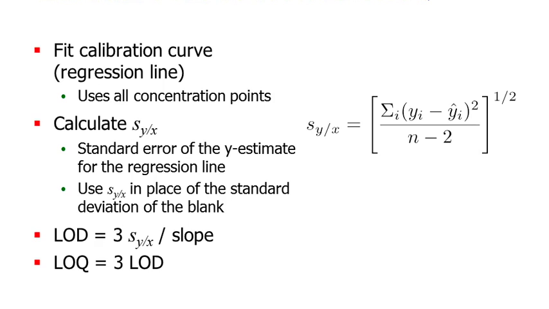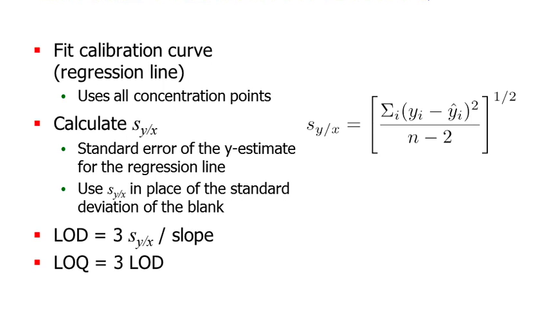And then you use that instead of the standard deviation of the blank or the standard deviation with the analyte in it. So essentially you're still using the same formula of 3 times the standard deviation as LOD and 3 times the LOD as the limit of quantitation. But instead of the standard deviation derived from either the blank or the sample with signal, you use your regression line to derive the standard error, and then you use that.